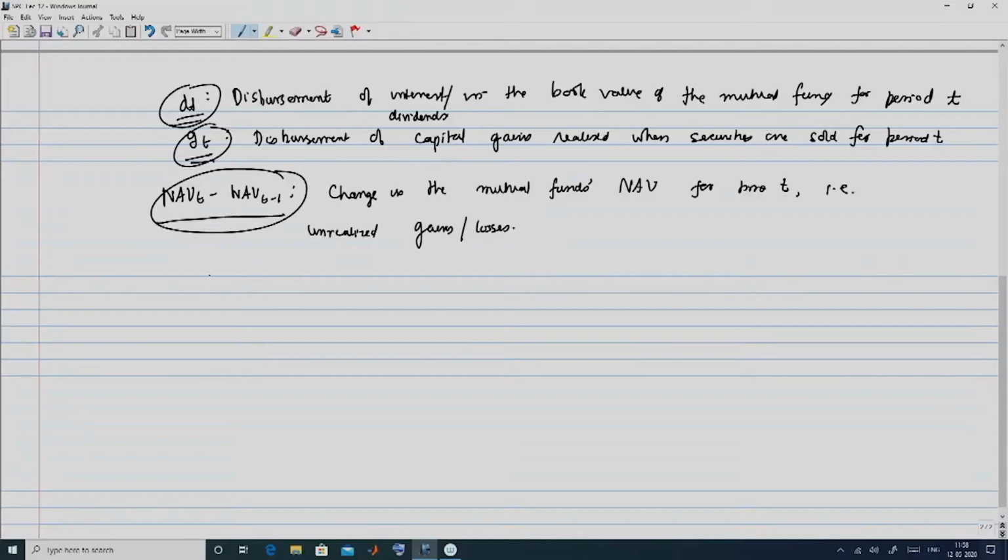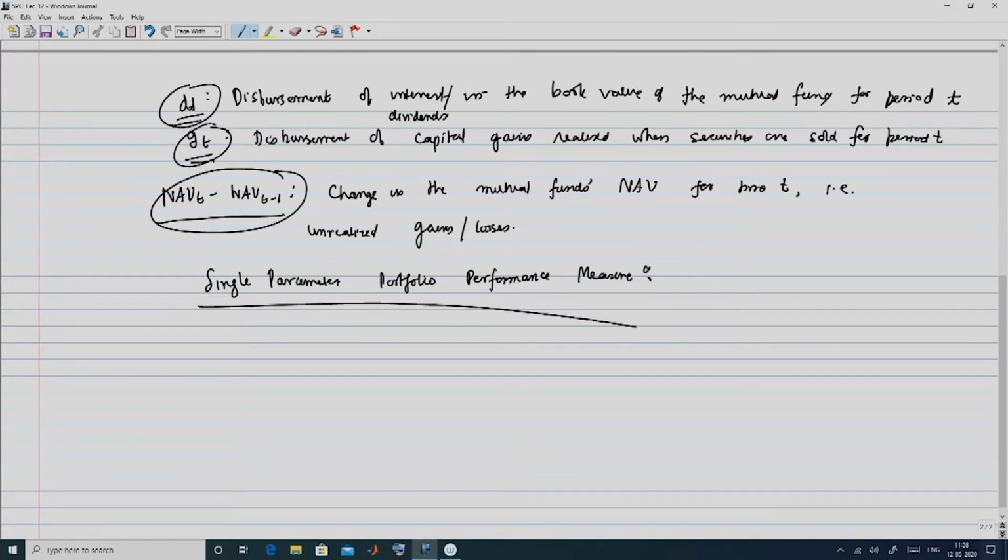Alright, so now we come to the portfolio performance analysis measures, and we will essentially look at primarily three measures. So, let me start off with these measures which are known as single parameter portfolio performance measures. Okay, so I will begin with a little bit of a narrative on this.